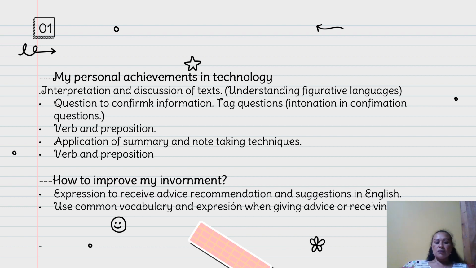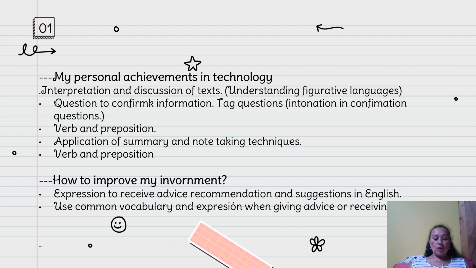And how to improve my environment: expressing, receiving advice, recommendations, and suggestions in English, and using common vocabulary and expressions when giving or receiving advice. This I learned when I use recommendations, for example, for the benefit of the environment around us, as well as the protection of living species.